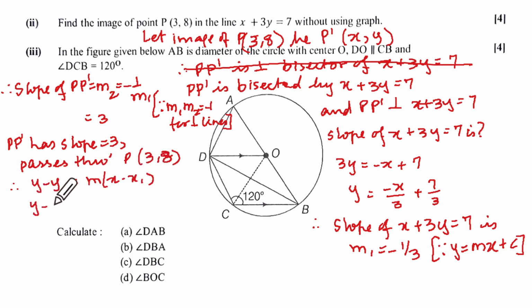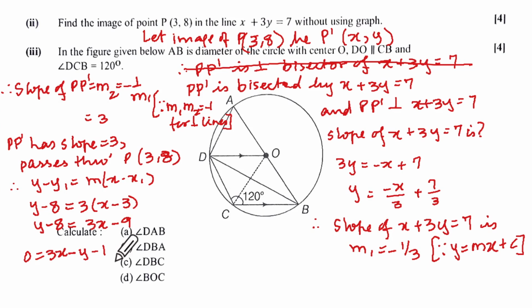That will give me y minus 8 equal to 3 into x minus 3. So y minus 8 equal to 3x minus 9. So 0 equal to 3x minus y minus 1. This is the equation of PP dash.